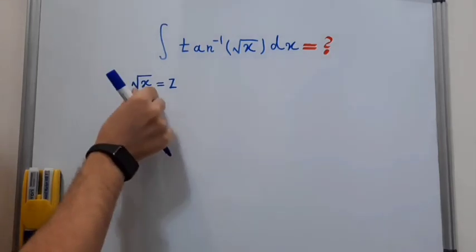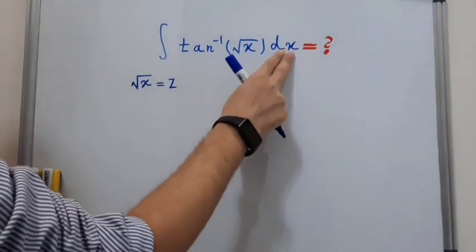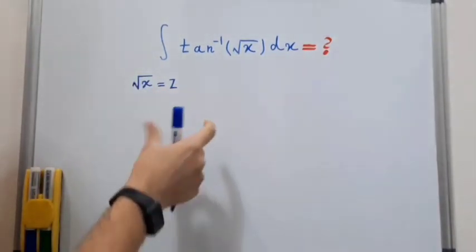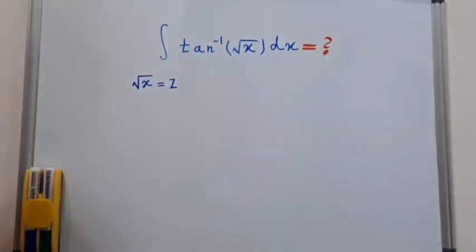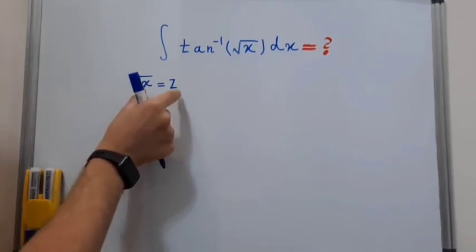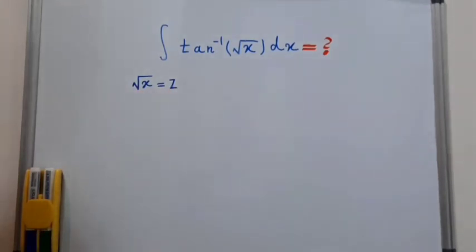I change root 2x to z, so dx should be something based on z, something like dz. We should take the derivative from both sides of this equation.